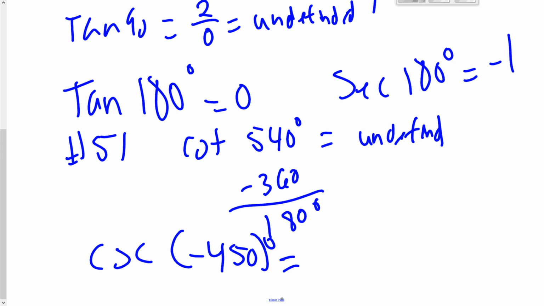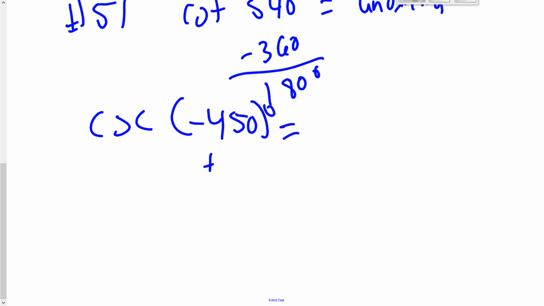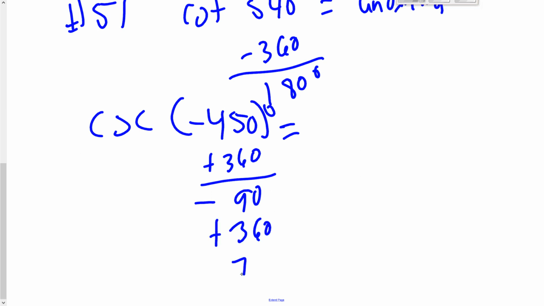So if you add 360, it's just negative 90. Alright, so that's a negative 90. So if I add 360 again, then I get my 270, right? So these are coterminals too.